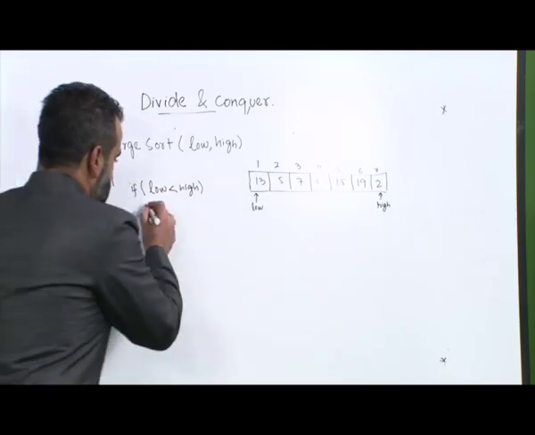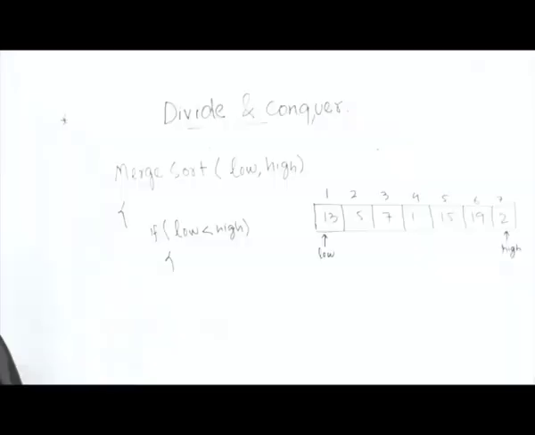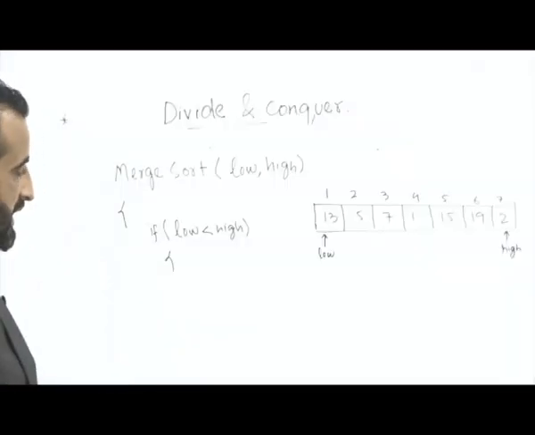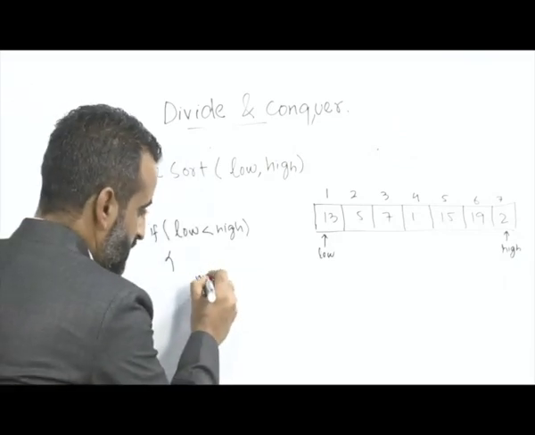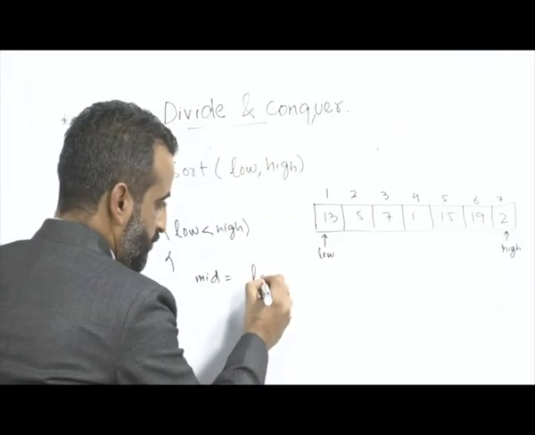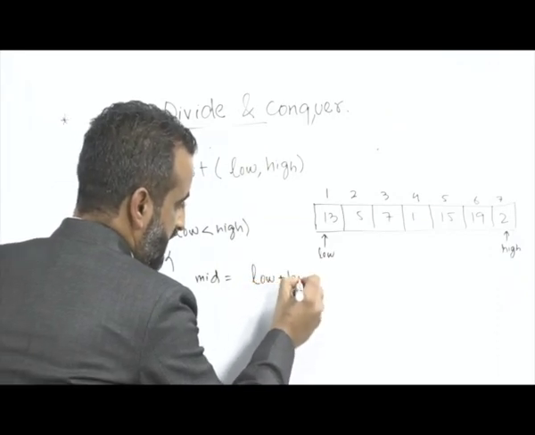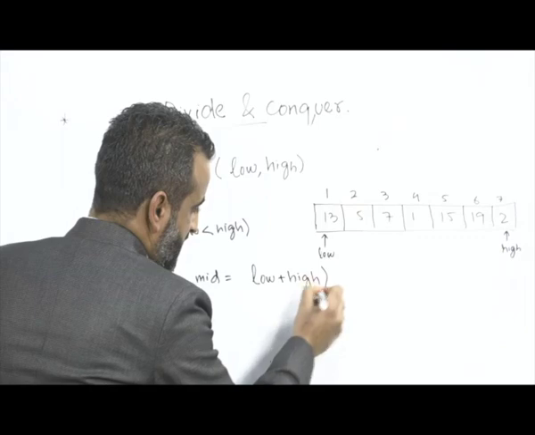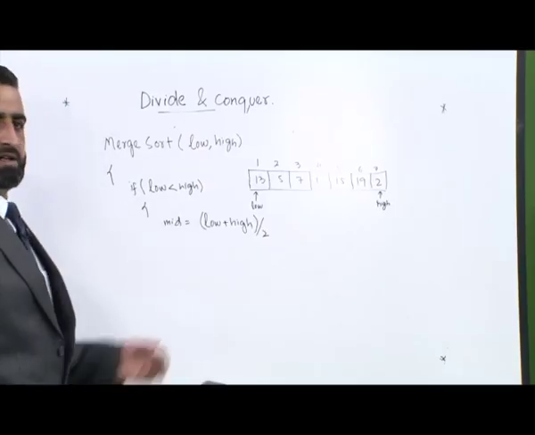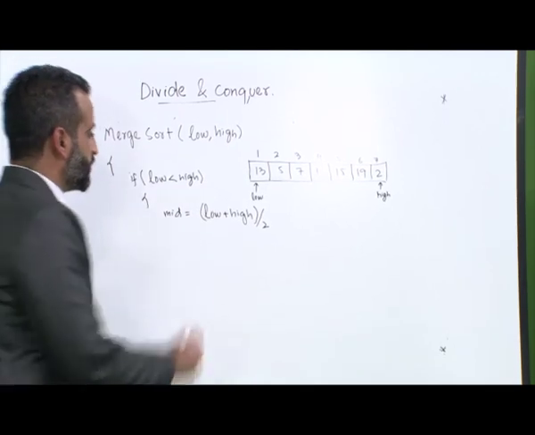If this condition is true, I need to know where to divide this problem. To understand that, I need to compute a new value, which let's call the middle element. That middle element will be the value of low plus high, divided by 2. Remember, as we've seen in earlier problems, that we take the floor value.